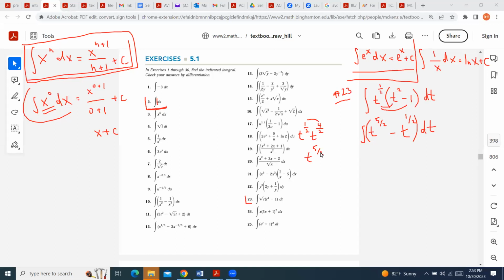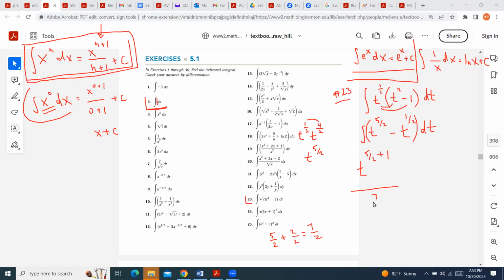Now I have to add 1 to the power, not subtract, according to the formula, and the same number I need to put in the denominator. So what is 5/2 plus 1? Well, 1 is 2/2, so when I add it, I'll get 7 of these halves.